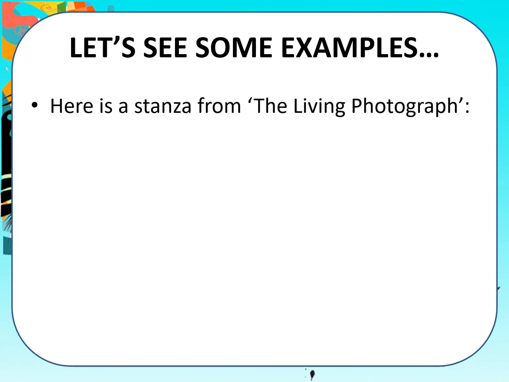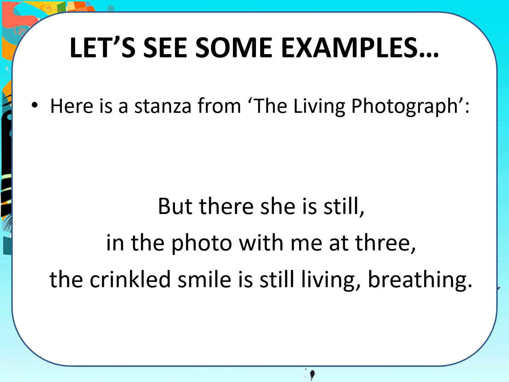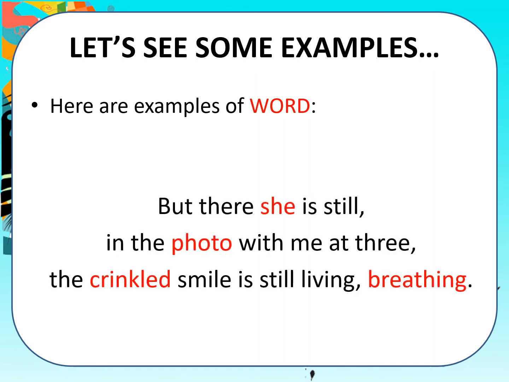So here is a stanza from The Living Photograph. But there she is still, in the photo with me at 3. The crinkled smile is still living, breathing. So here are examples of word. Look at the red ones. She, photo, crinkle, breathing. Okay, those are words.